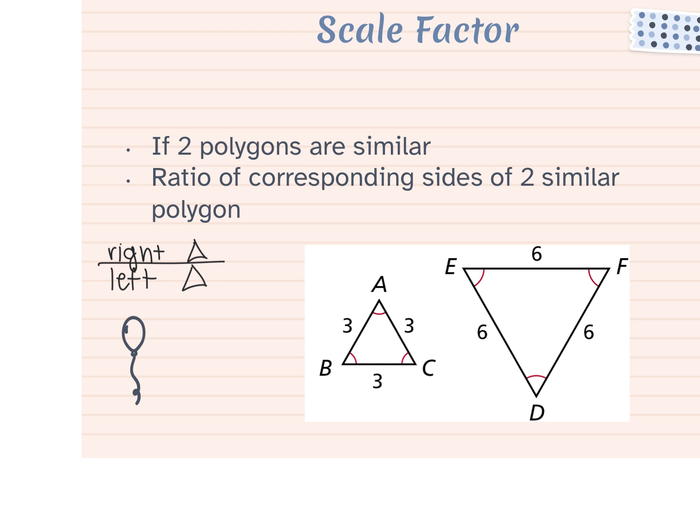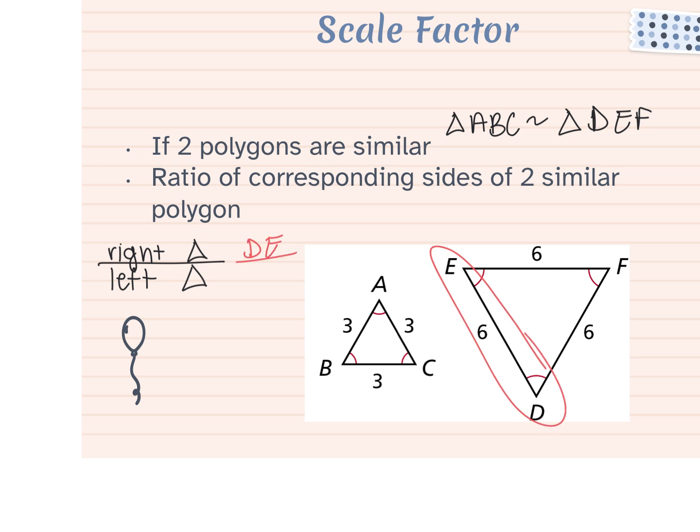Let's write our statement of proportionality first. So they're giving me triangle ABC is similar to triangle DEF. All right, writing it as a proportionality statement. We're going to do DE first, and then DE is proportional to AB, and then we have EF is proportional to BC.